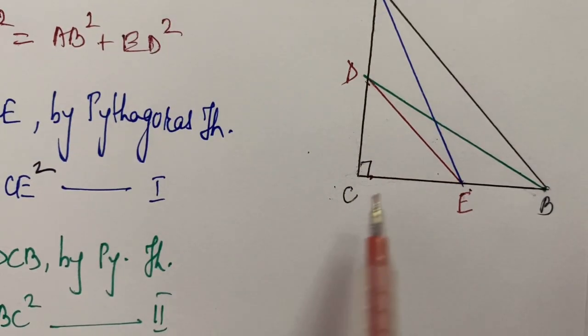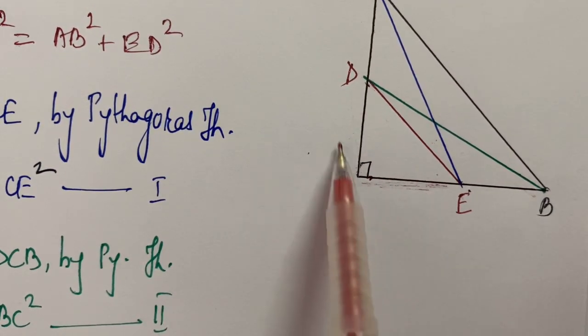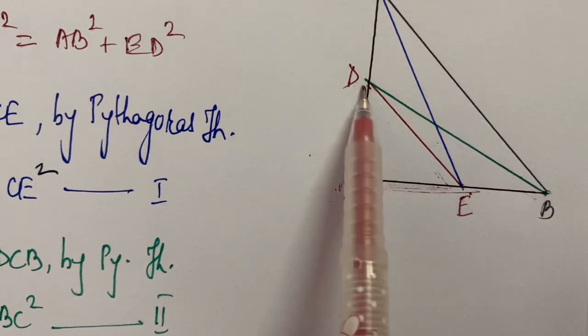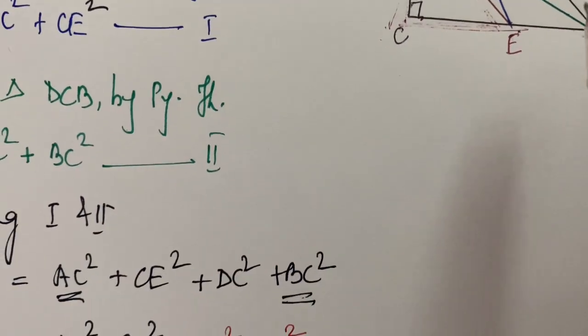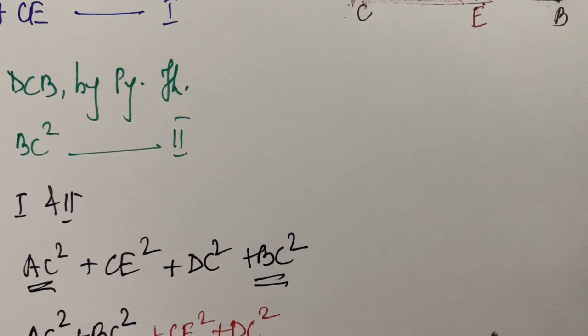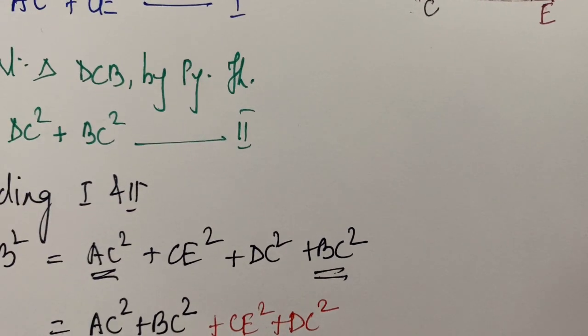Now for CE square and DC square. See where CE is, this is CE and DC is this. CE square plus DC square is nothing but your DE square, again by Pythagoras theorem. So for this we are going to write DE square.